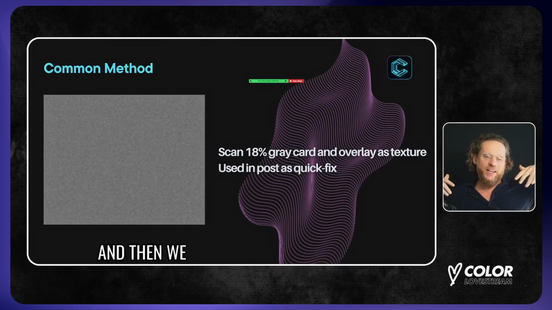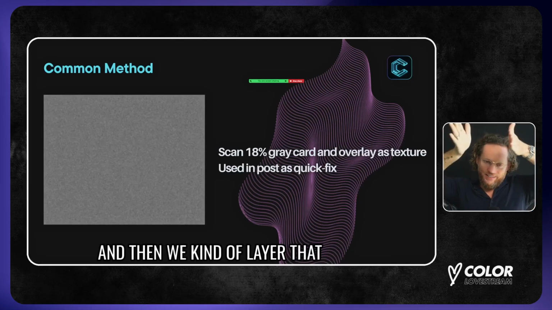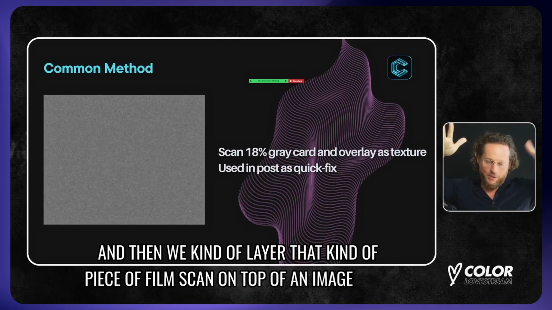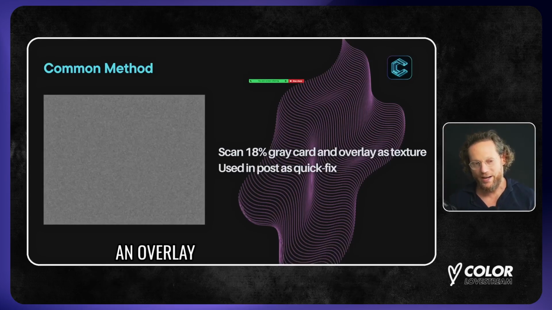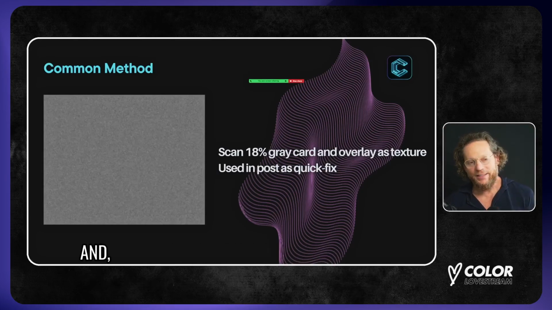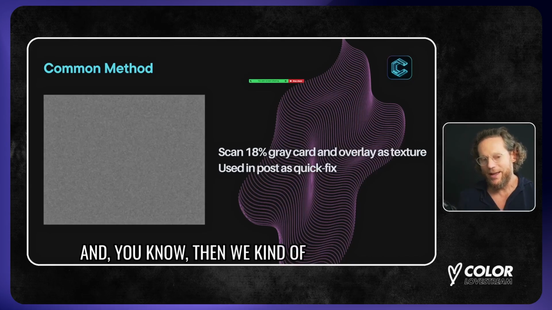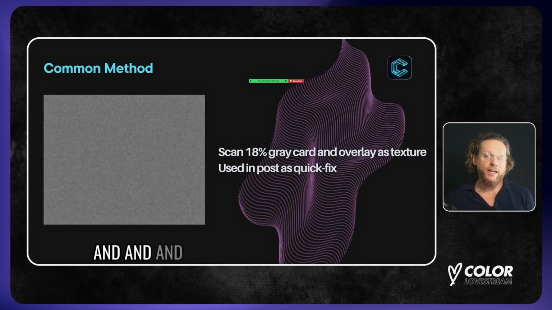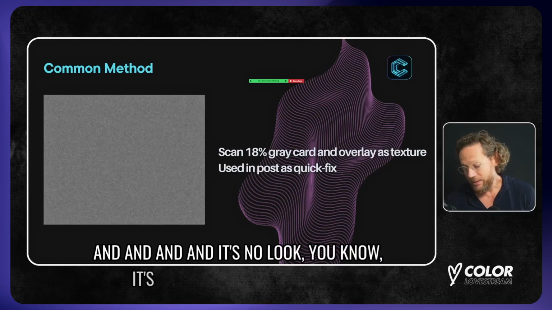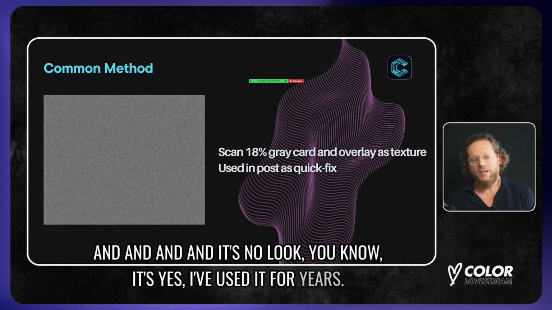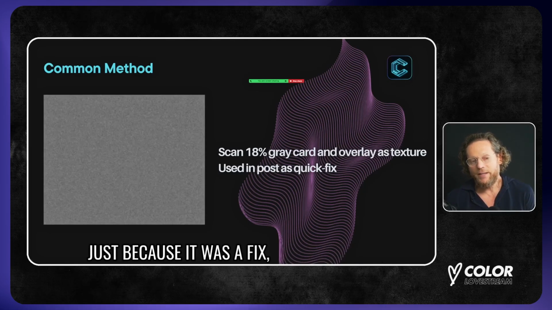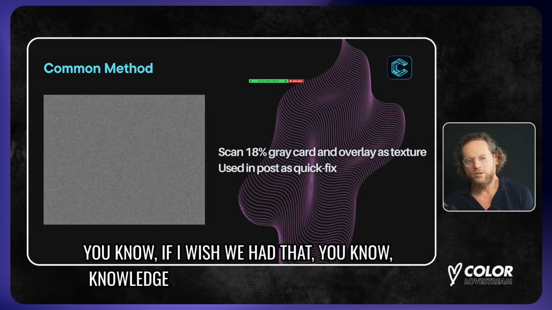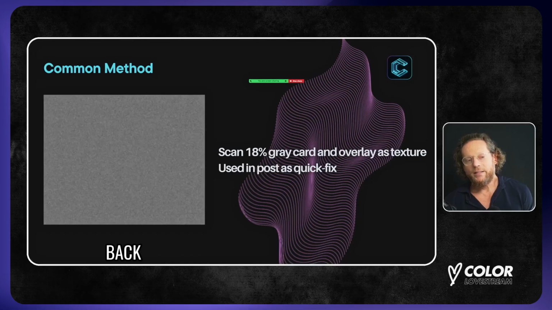And then we layer that piece of film scan on top of an image with an overlay mathematical method, and we end up with a grainy image. Look, yes, I've used it for years just because it was a fix. There was no other way to do it. If we had had the knowledge and technology back then, I would have used it.